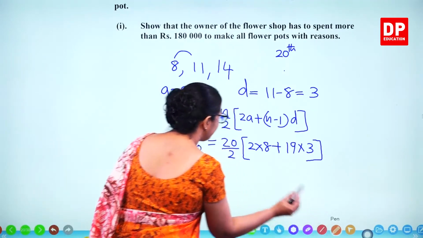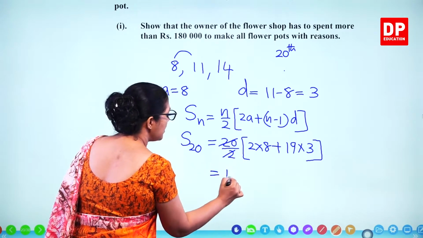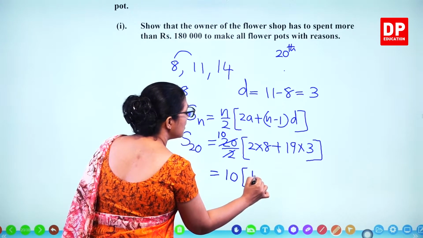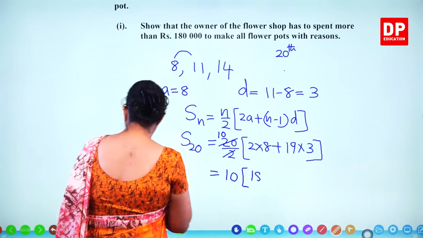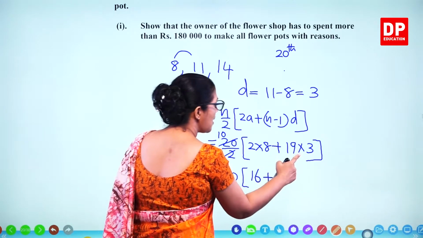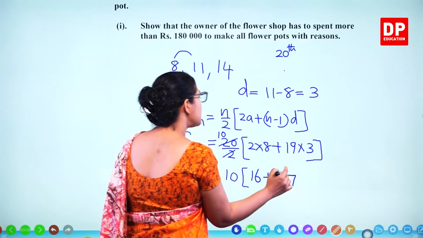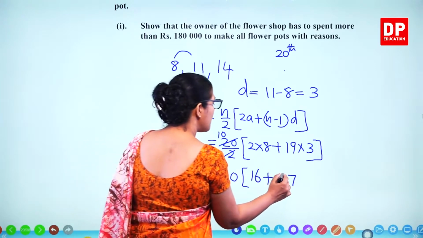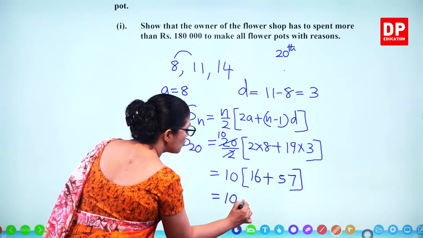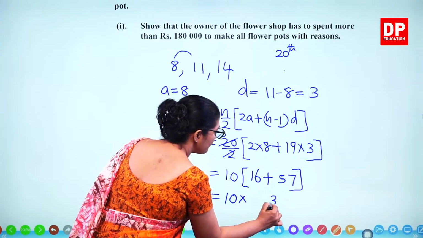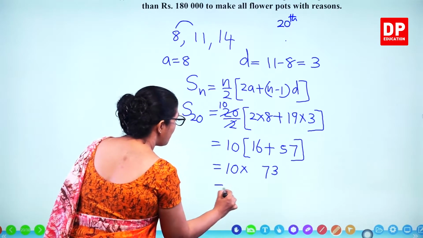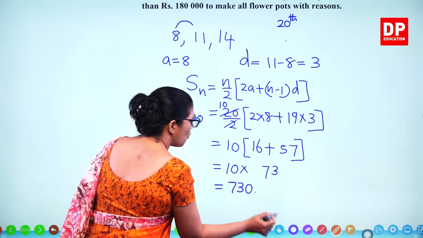So you get 10 here. 2 times 8, 16 plus 19 times 3. 3 times 9, 27. 3 times 1, 3 plus 2, 5. So 10 into 73. So 730 pots are there.